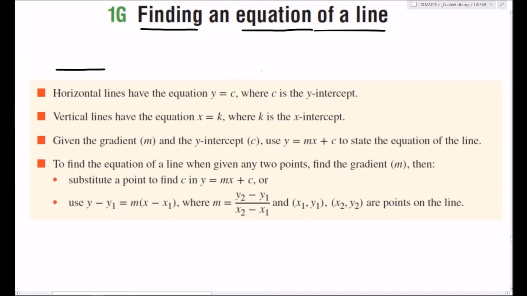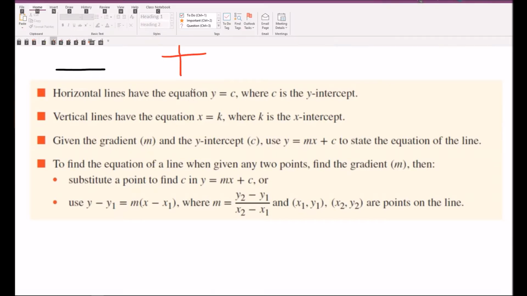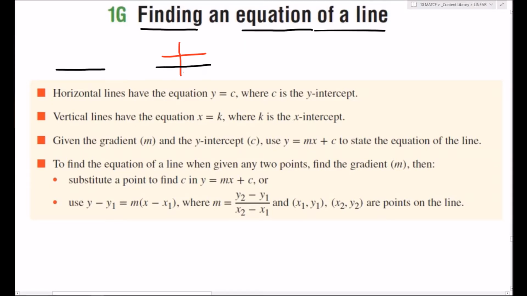So if you have a good old Cartesian plane and a line that goes sideways, horizontally, the equation will be just y equals whatever that y-intercept is, because there's no gradient. You can see in the formula there is no gradient. Remember, the gradient is the m that is paired with the x. Okay, that's the gradient.